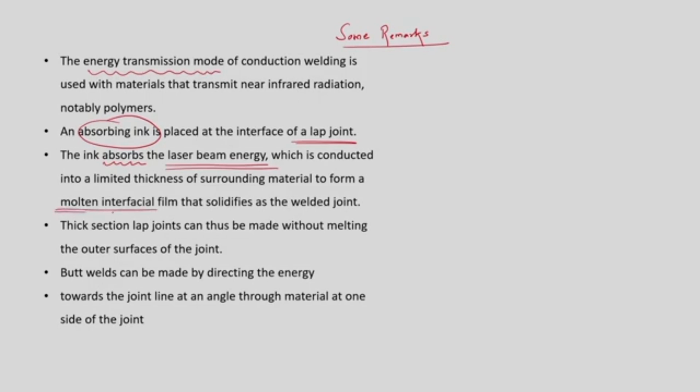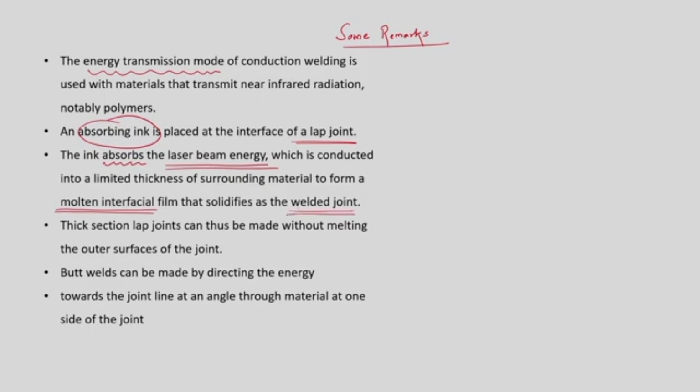The ink will transmit the heat energy to the base material, that is the polymers. The polymers will get melted, and on solidification of these melted polymers, we get the welded joint.